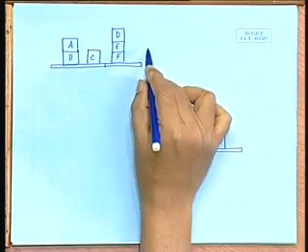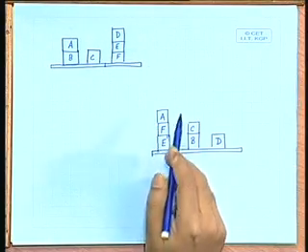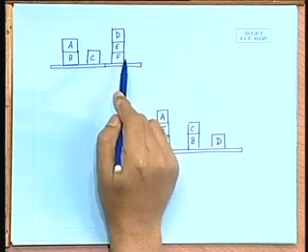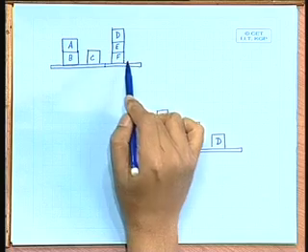So, this is the initial, this is the final, and the planning will tell me the sequence of actions that I can do. What are the actions that I have?